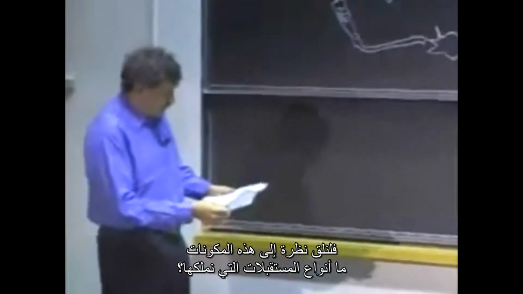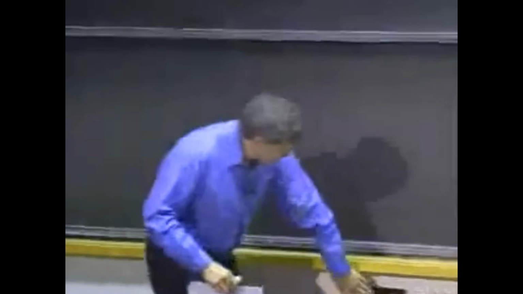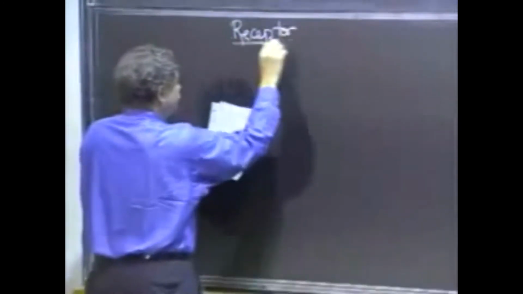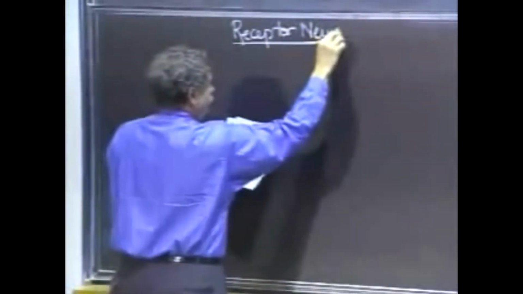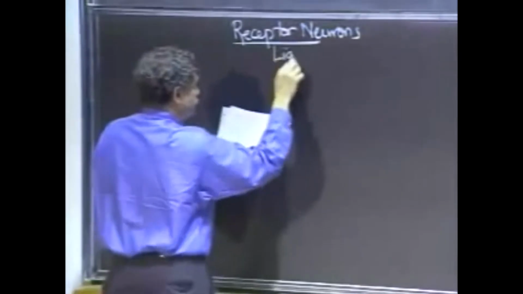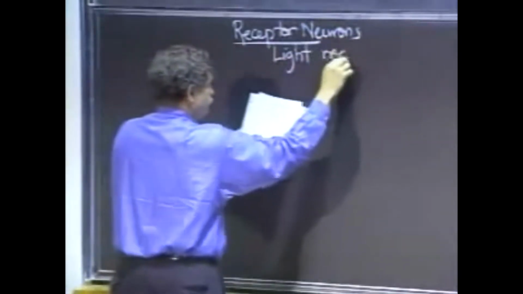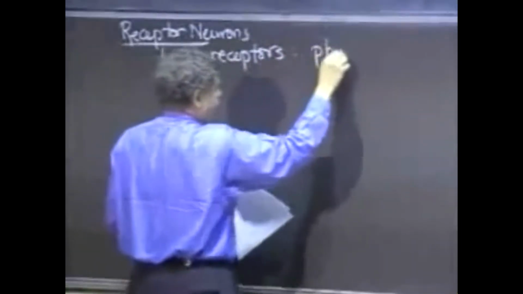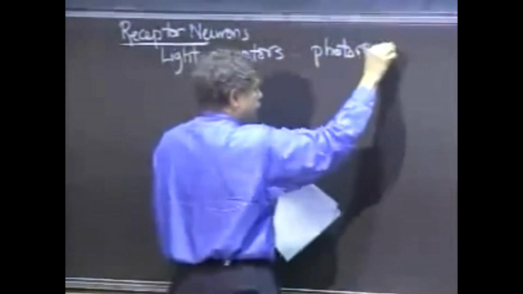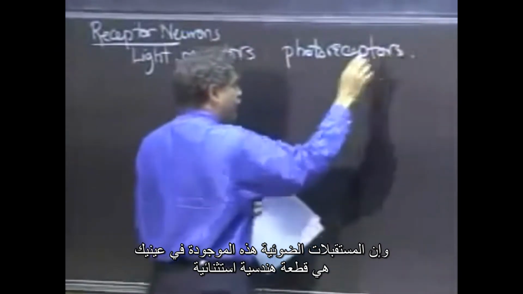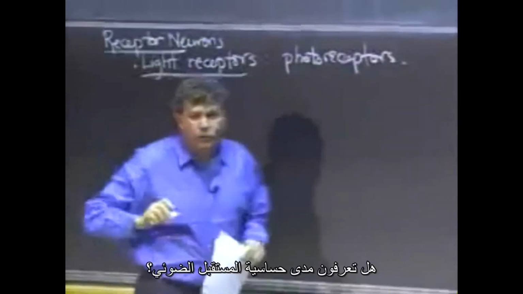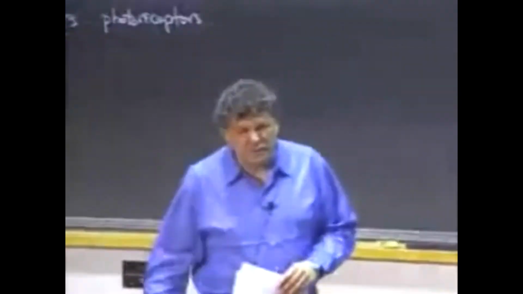So let's just take a look at some of these pieces here. What kinds of receptors might we have? We might have receptor neurons that receive light, called photoreceptors. And these photoreceptors in your eye are an extraordinary piece of engineering. Do you know how sensitive a photoreceptor can be?